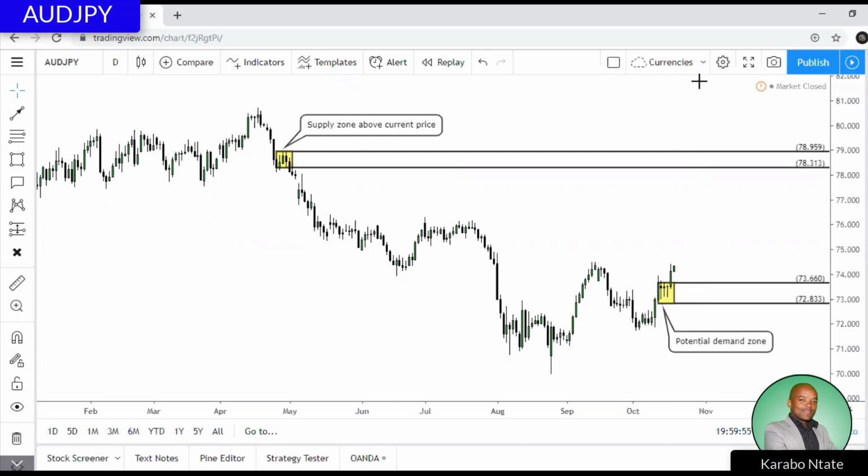So what I'm currently looking at on the daily time frame is this potential demand zone which is currently forming. Now, I say potential because it hasn't removed anything. Even the move away from this zone isn't that great. So what I'm actually looking for is a 1:2 move away from the zone.